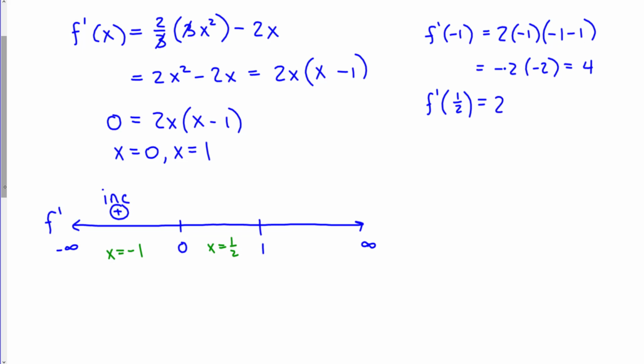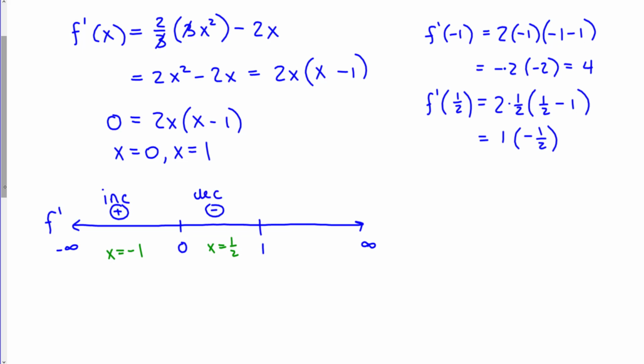So let's see, 2 times a half times 1/2 minus 1. Well, 2 times a half is 1. 1/2 minus 1, it's negative 1/2. But even if I didn't take the time to figure out that it was negative 1/2, the result is a positive number times a negative number. So the result is going to be negative, which means I'm entirely decreasing on this interval.